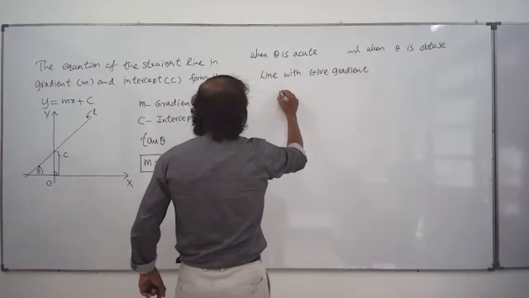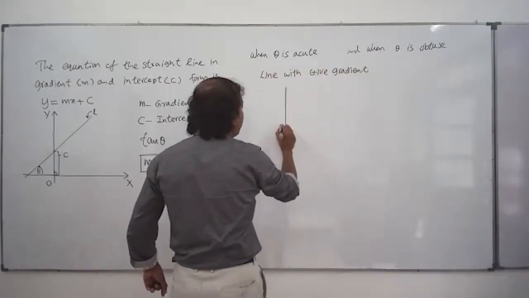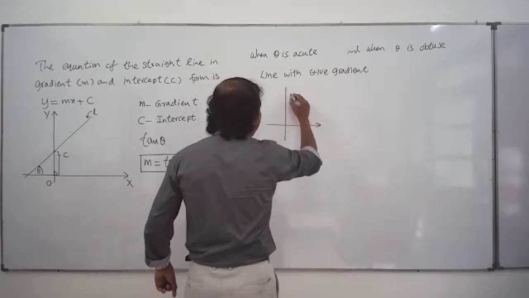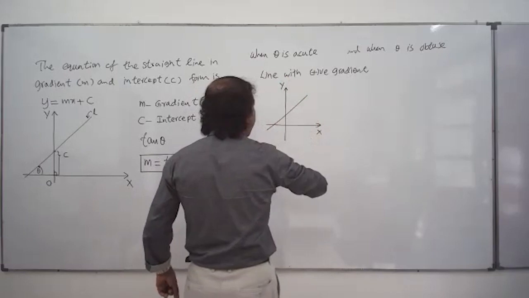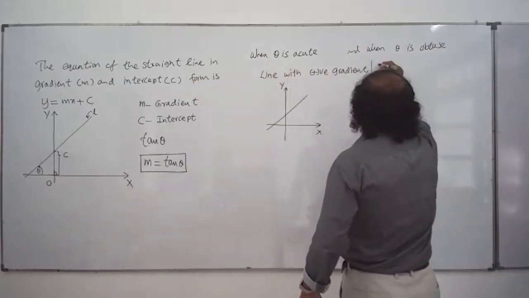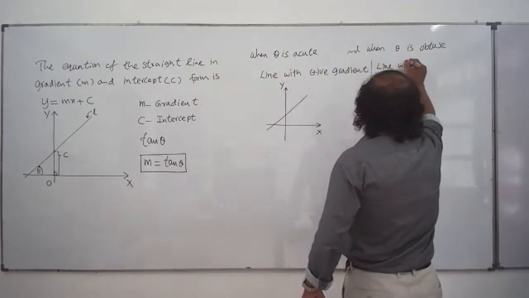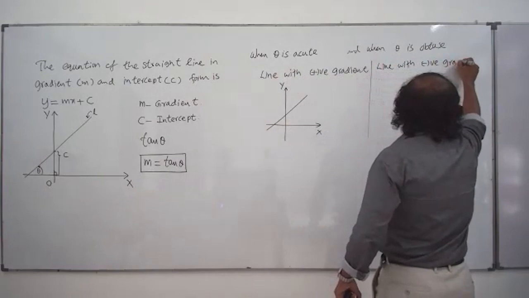Right. Draw two small diagrams, people, like this. Line with positive gradients are this way. Next one. Line with negative gradient.